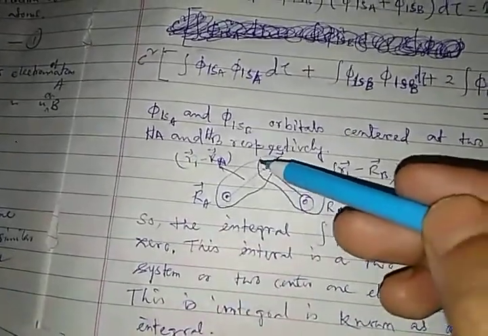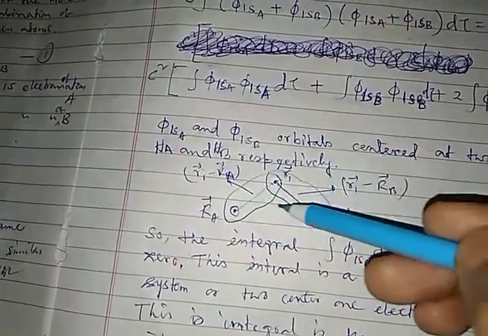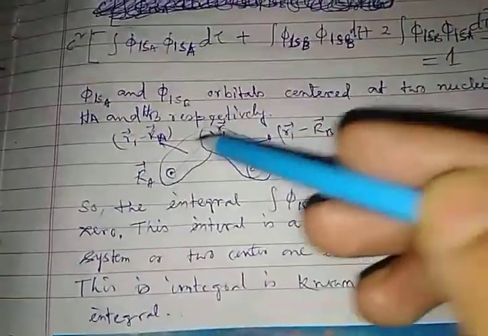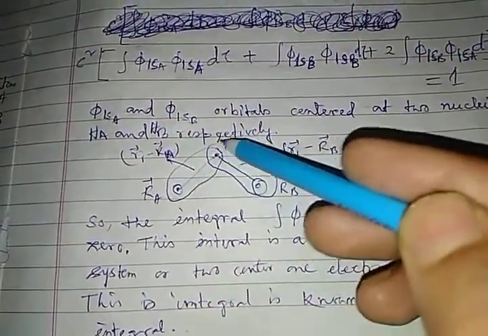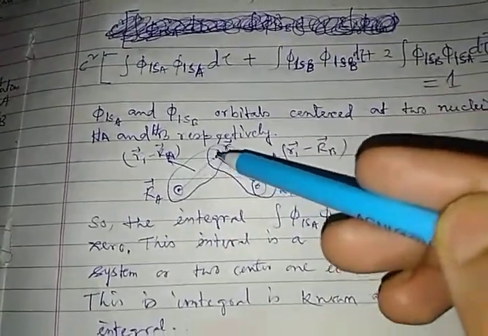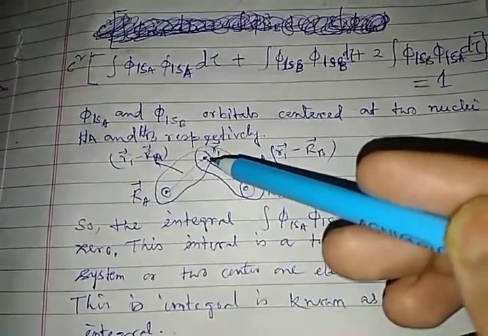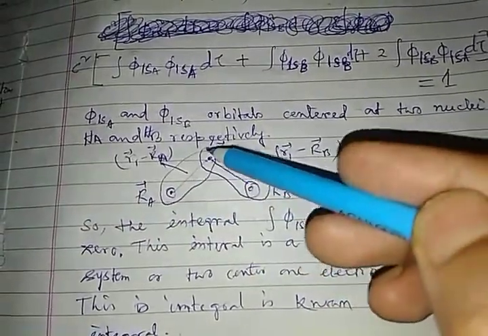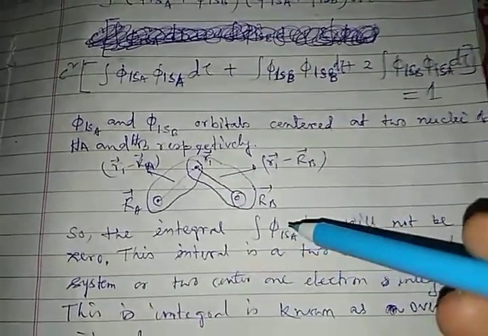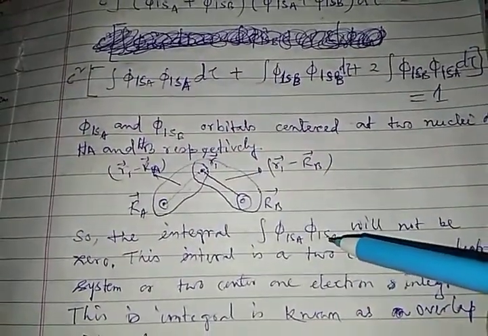Now when they have a common zone of sharing, at this place I can have electron density. At the sharing place, it is not that there is no electron present. There will be some electron when they form this type of overlap, and this overlap is the integral of phi 1s a and phi 1s b.